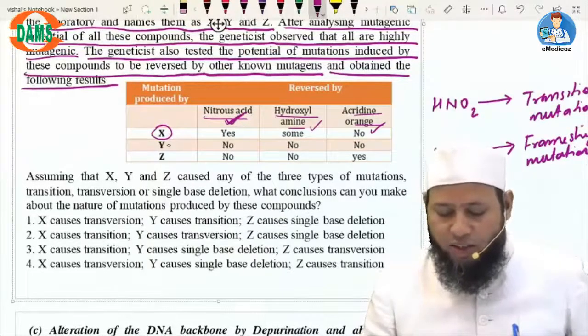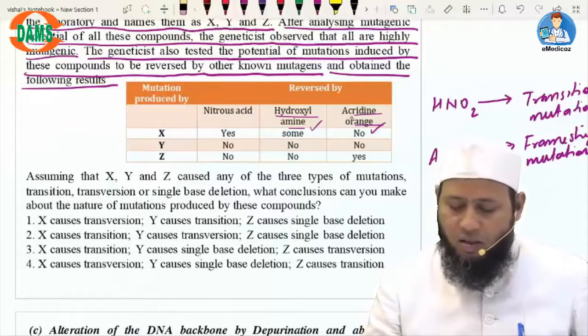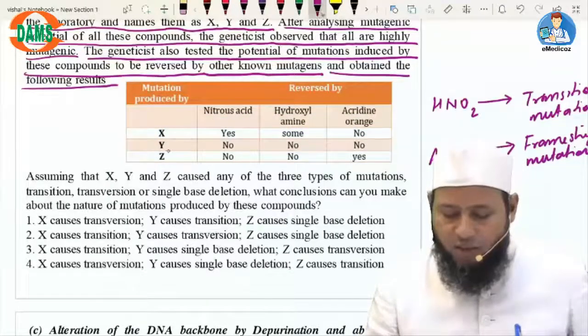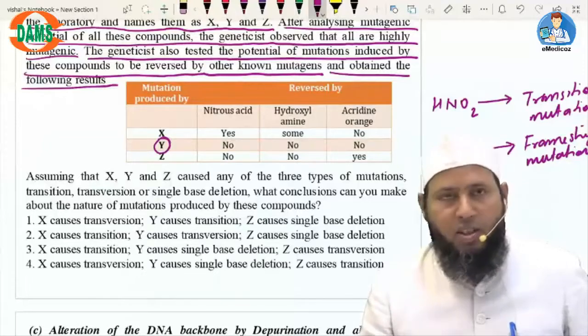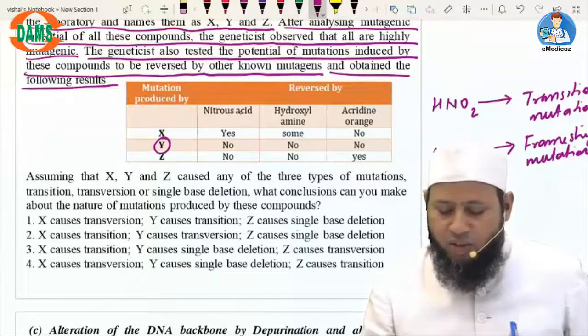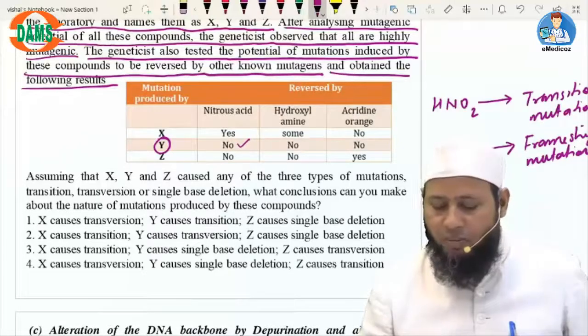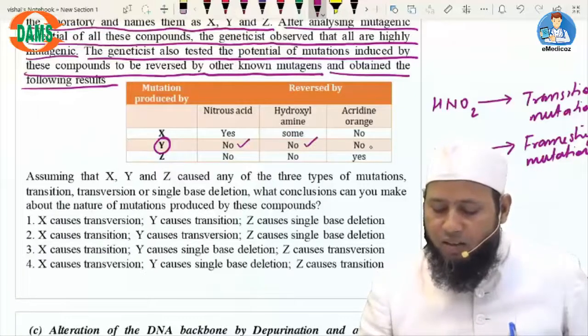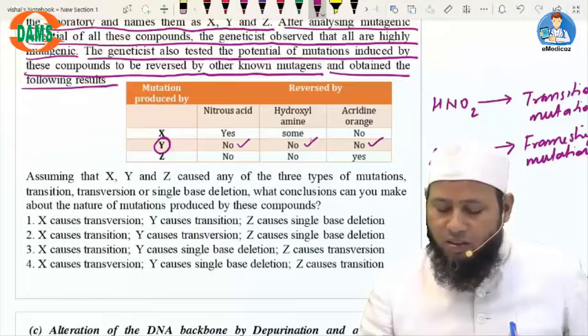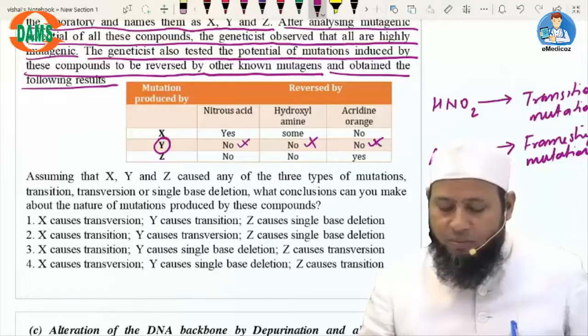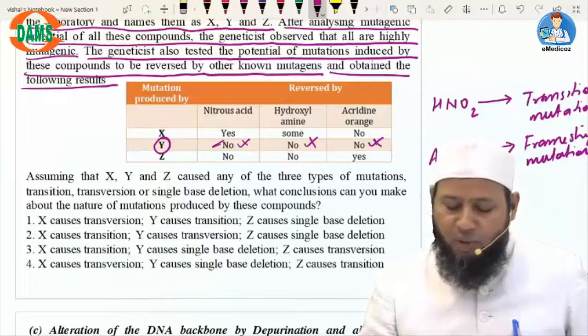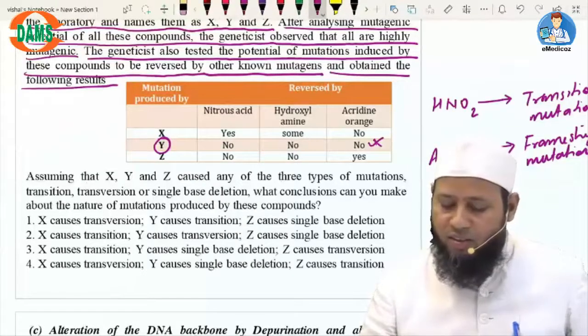Now look at Y. It generates a mutation that is not reversed by nitrous acid, not reversed by hydroxylamine, and not reversed by acridine orange. It means it is not a transition type of mutation, because if it were, it should be reversed by nitrous acid.